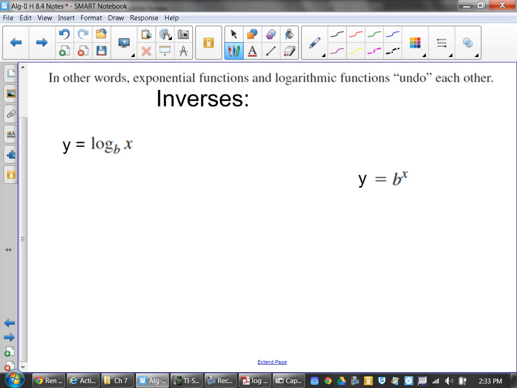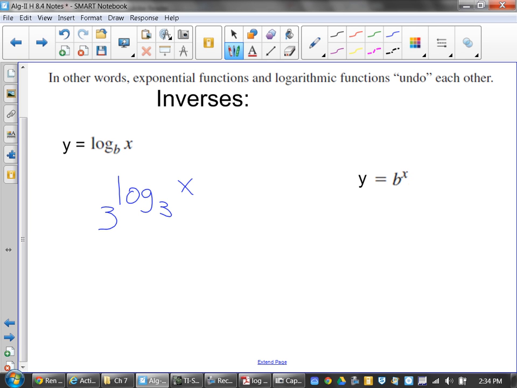For example, if I wanted to undo a log, it's log base 3 of x. If I needed to undo that to get x alone, I'd have to exponentiate it. I don't think it's a real word, but it makes sense when you see what I'm doing here.